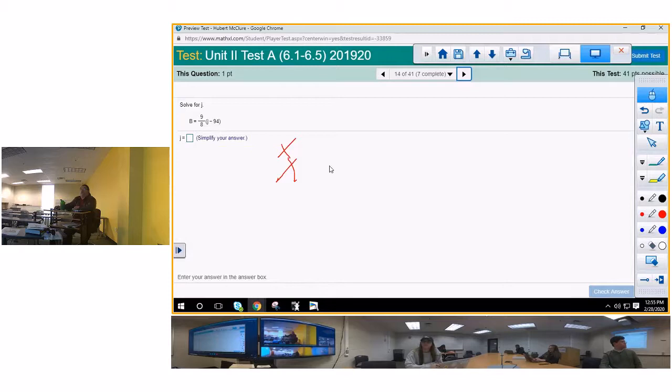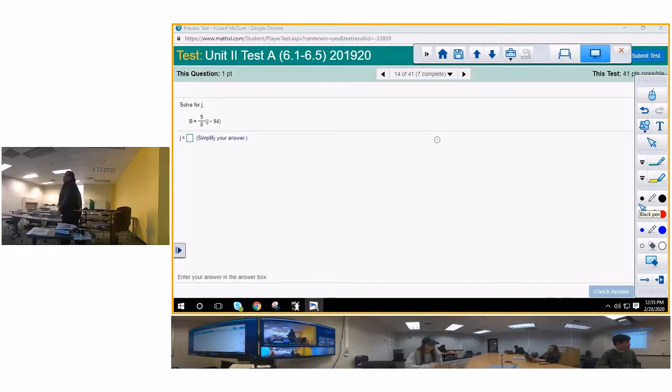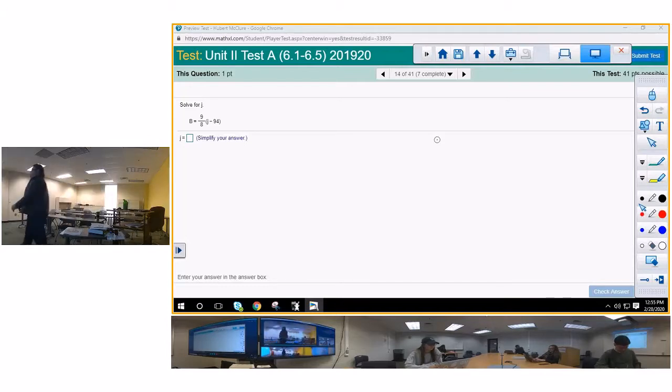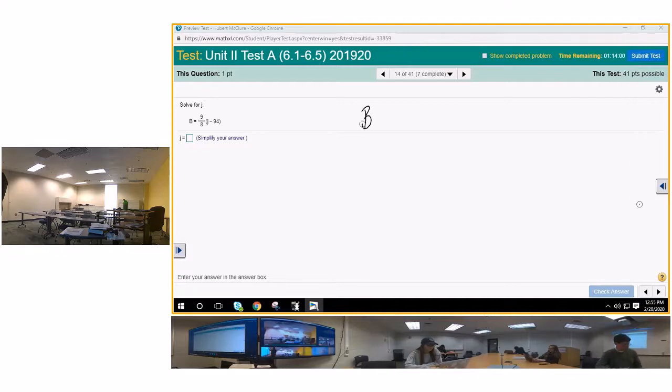Okay, solve for J. We didn't do one like this, so let's do it. Of course, if you want to multiply by that reciprocal, that's fine, or you can divide by that reciprocal, either one, but you have to be careful. B is equal to 9/8 J minus 94.